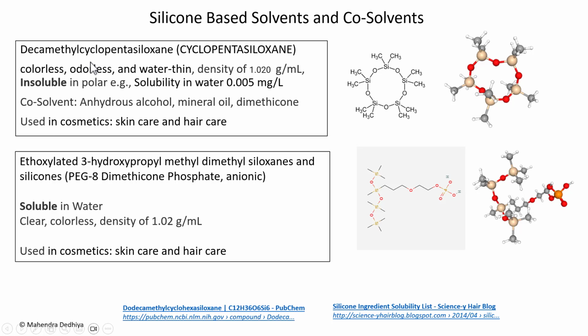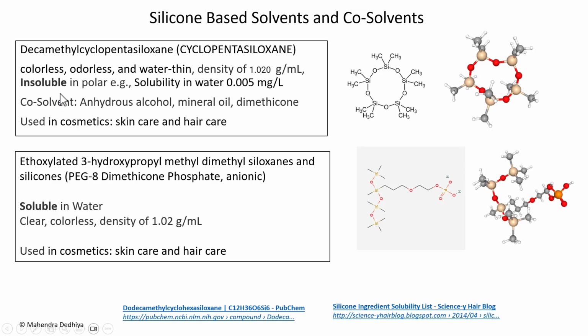Silicone-based solvents and cosolvents are very common in the cosmetic industry. Decamethylcyclopentasiloxane, also called cyclopentasiloxane. It is approved in the US for use and is listed in USP. It's colorless, odorless, has a density of 1.02.